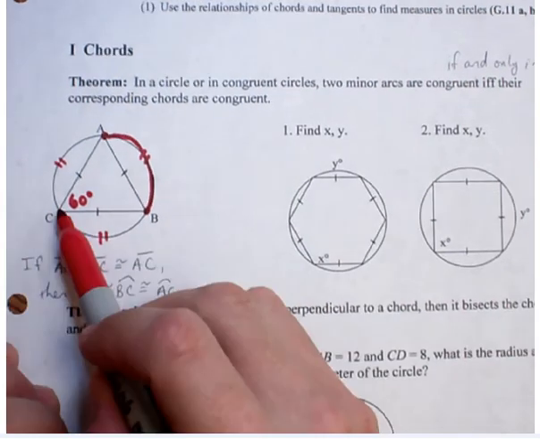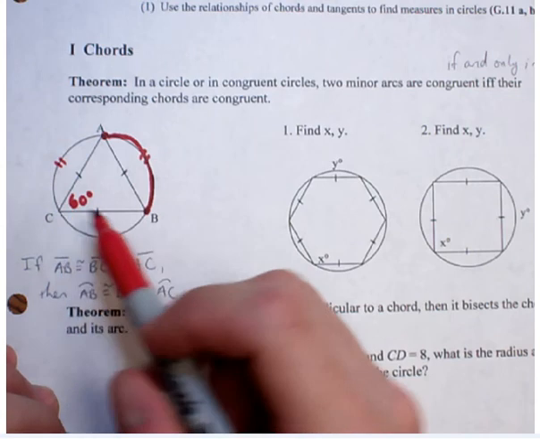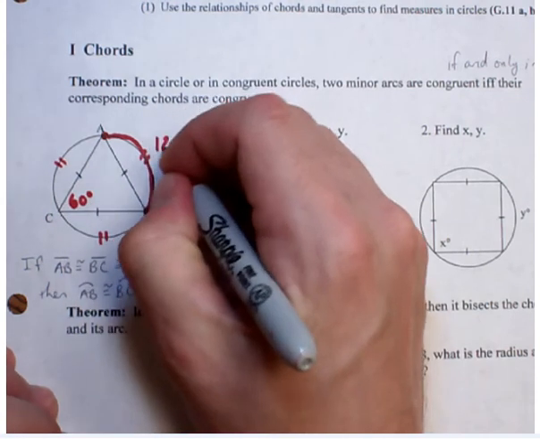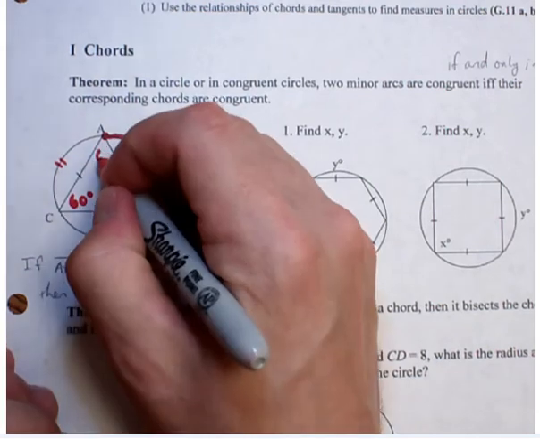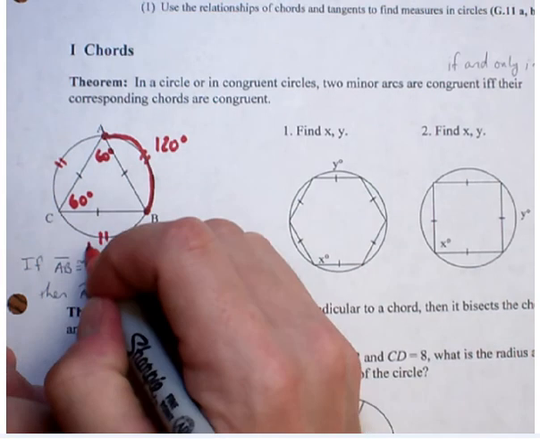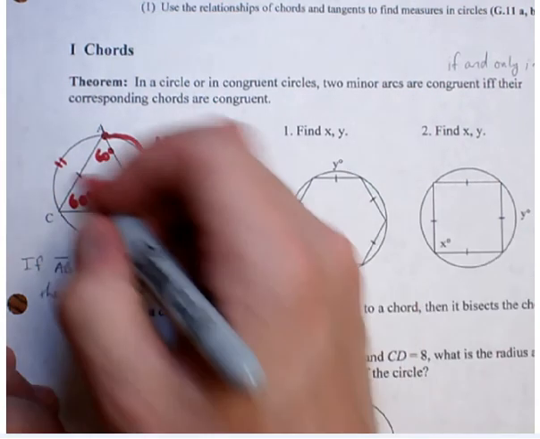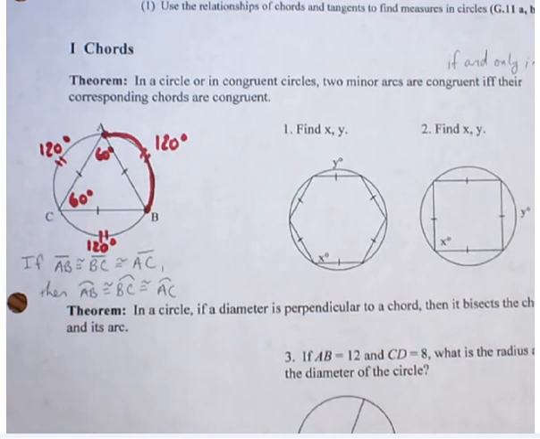Now this vertex is on the circle, so the angle is half the arc. So if this is 60, the arc has to be 120 degrees. Angle A is also 60 degrees because it's equilateral, so this arc is also 120, and this one is also 120. So that's demonstrating this relationship.